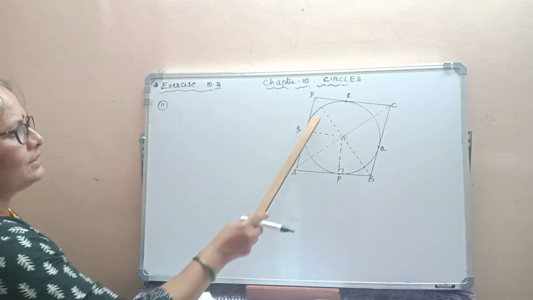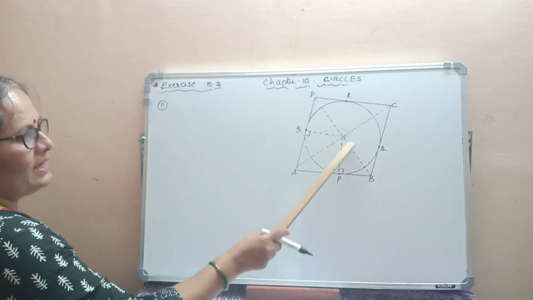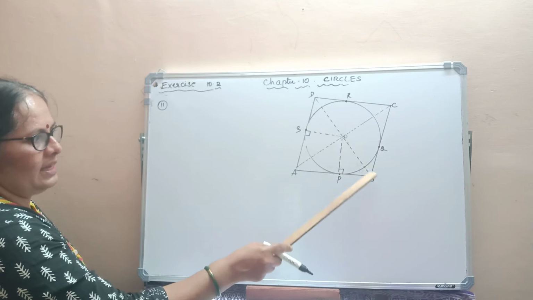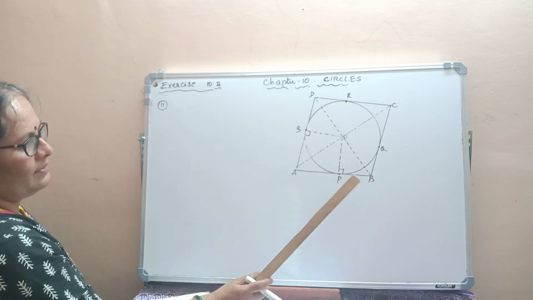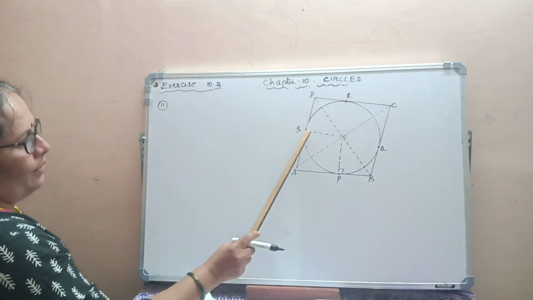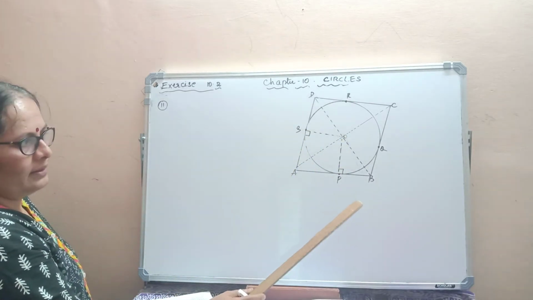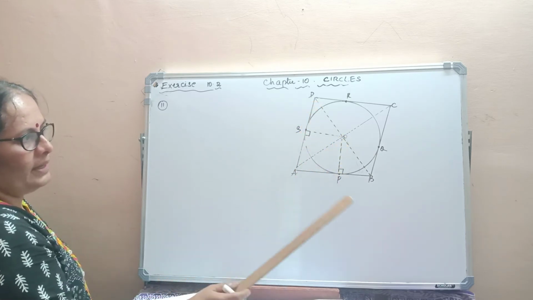Similarly, we take these two triangles, DOS and PBO. In these two triangles, once again, OS is equal to OP.